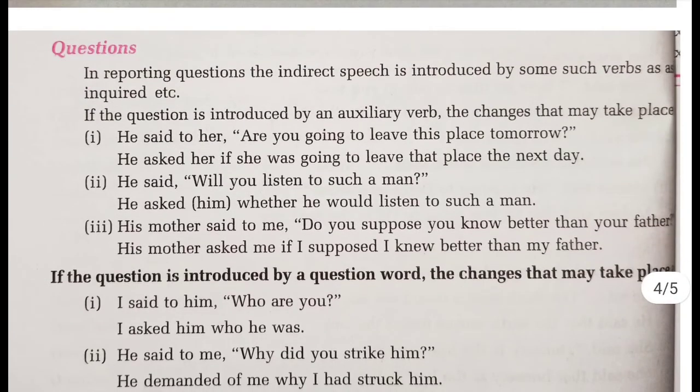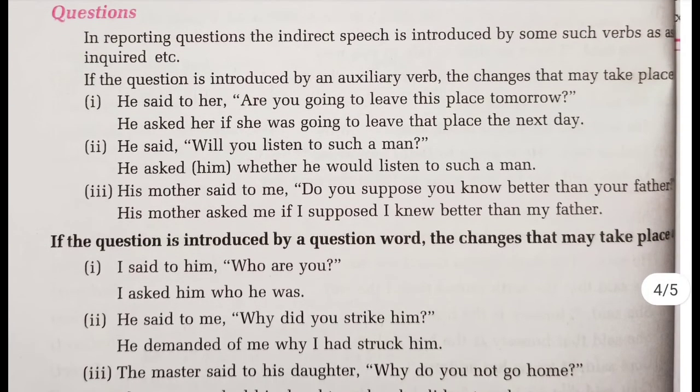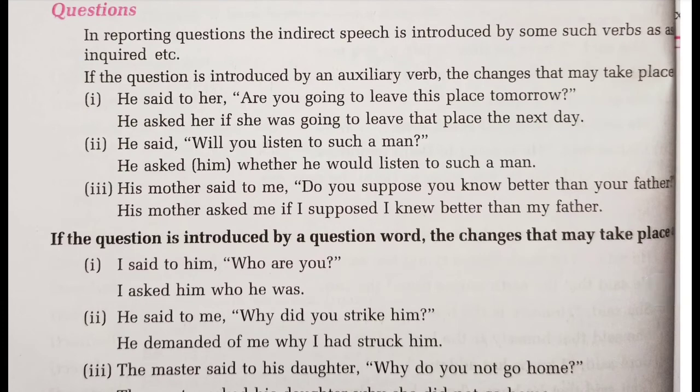So here you can see, in reporting questions, like I was telling you in the beginning, in case of interrogative direct speech sentences, you have to convert into indirect by making use of something else but not that. You are not supposed to use the word that. Look here. If the question is introduced by an auxiliary verb, the changes that may take place are: he said to her, "Are you going to leave this place tomorrow?"